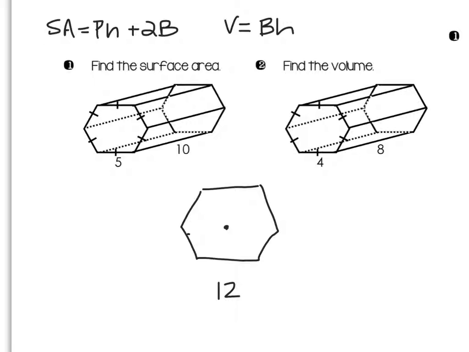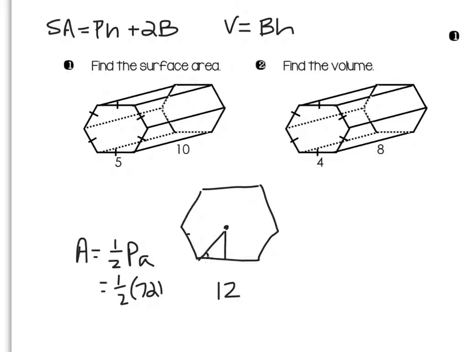When we're doing regular figures, let's talk about hexagon, your formula is that your area equals 1/2 perimeter times the apothem. So our perimeter, if I have 12 sides and 6 sides, then it's going to be 12 times 6, which is 72, and I need to find my apothem, which goes from a vertex to the center.